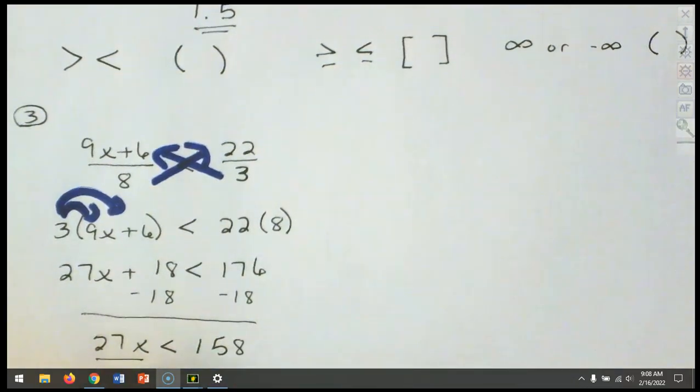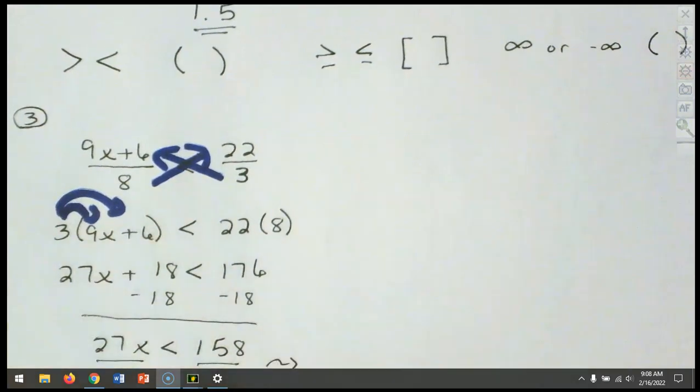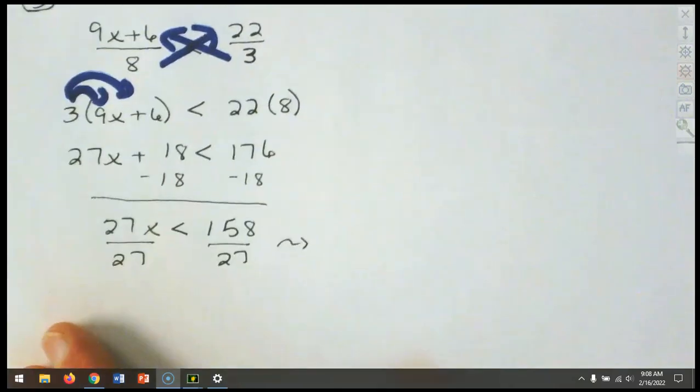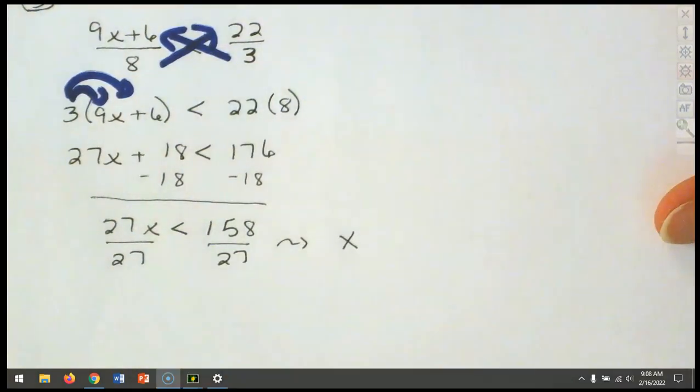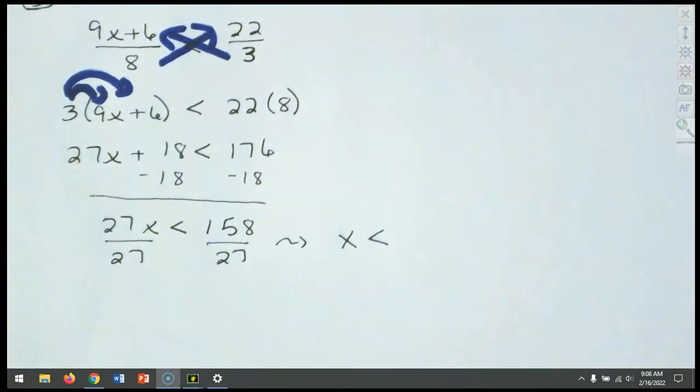Divide by the 27. Are we going to flip our inequality sign? Yes or no? No. Why not? What are we dividing by? Positive 27. When do we flip it? When it's negative. So the inequality symbol stays the same. And then 158 divided by that 27.